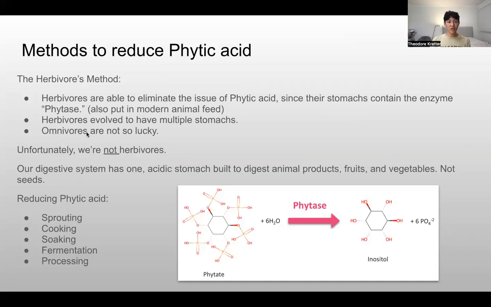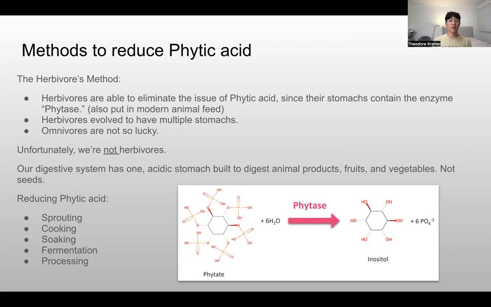Okay, so there are some ways that we've been able to reduce phytic acid. Herbivores have actually evolved a way to reduce phytic acid. They have multiple stomachs, which helps them on average digest a seed more often, and they also have phytase, an enzyme that's produced inside their stomach. We can see down below another reaction where phytates are broken down into smaller components.